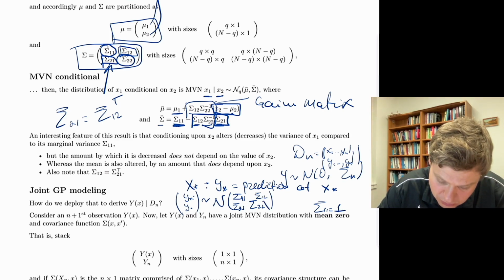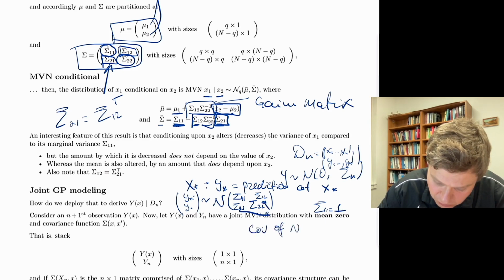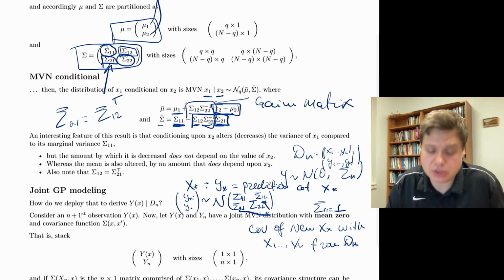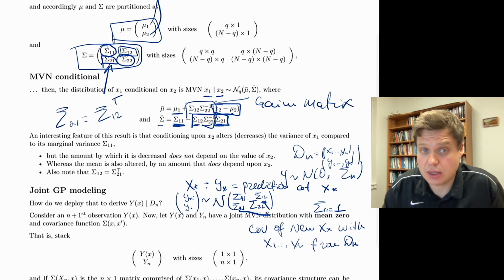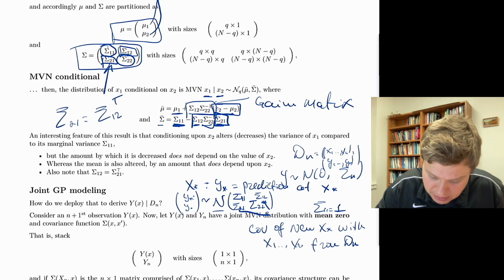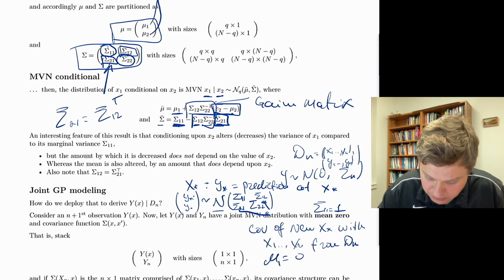Those two are just the covariance of the new x star with x1 to xn from my training dataset Dn, which I also calculate using the covariance function. So I have everything I need, and then the mean mu is just 0, so mu1 is 0, and mu2 is also 0.